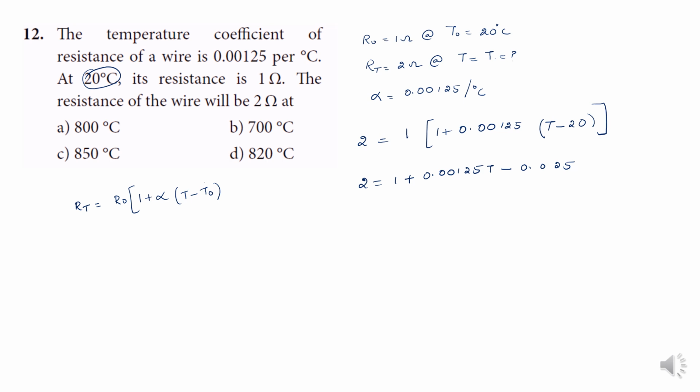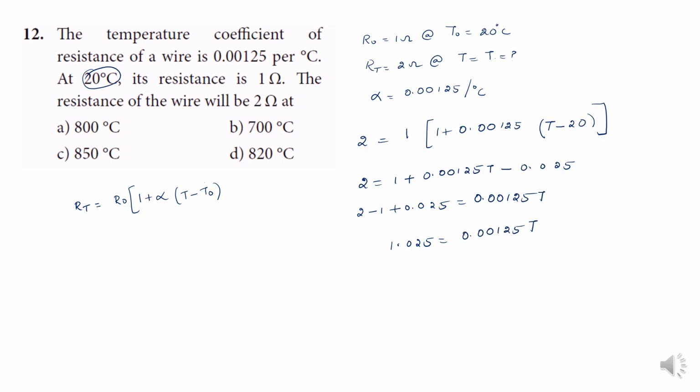So keep this on one side. So 2 minus 1 plus 0.025 is equal to 0.00125 T. 2 minus 1, 1 plus this is 1.025, is equal to 0.00125 T.